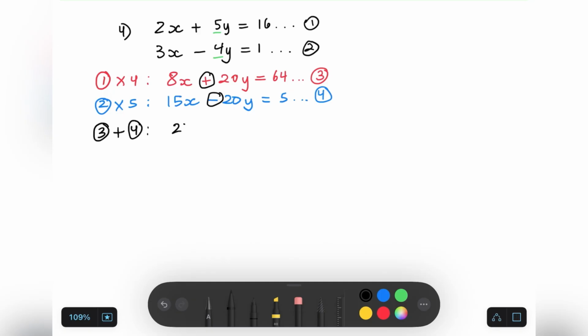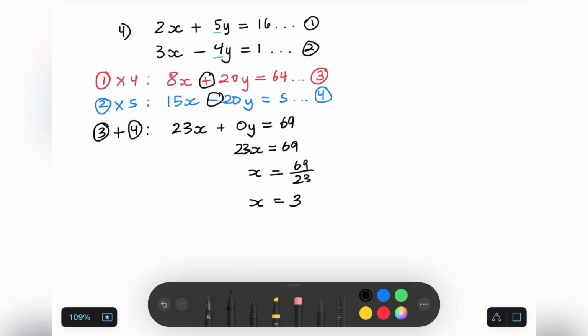So this will be 23x. 20 plus minus 20 will be 0. So that'll be 0y. And then 64 plus 5 is 69. So this is 23x is equal to 69, which means that x is equal to 69 divided by 23. So x will be equal to 3.